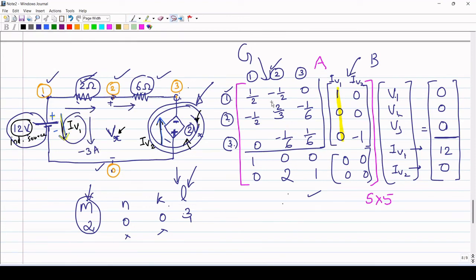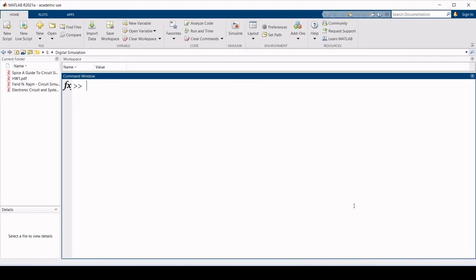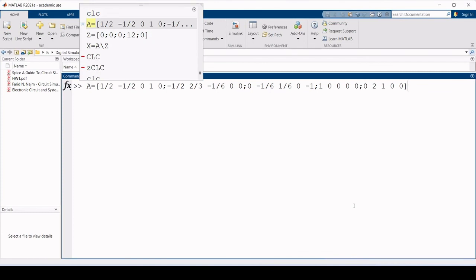Let us now solve this system of linear equations using MATLAB. So open MATLAB, and in the command window, we can enter the values in the A matrix. You can enter the values within the square brackets, and each row is separated by semicolons.